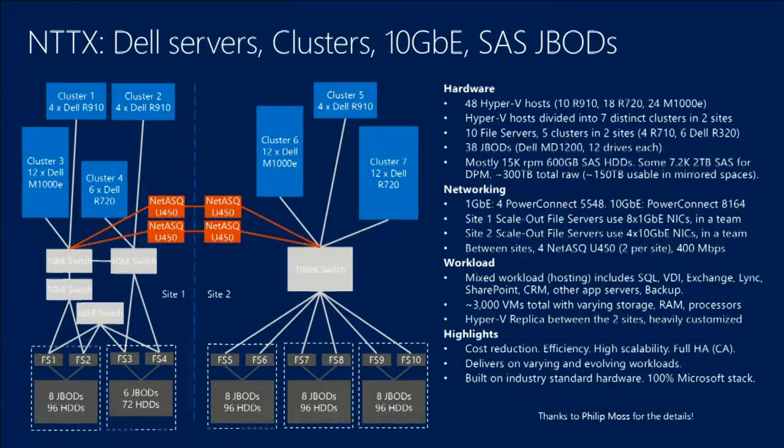On another site, they're doing 10 gig switches and another set of file server clusters. And I got a lot of questions about this. So like, why don't they do one big file server for everything, right? Why do they have that stuff with 1 gig networking?